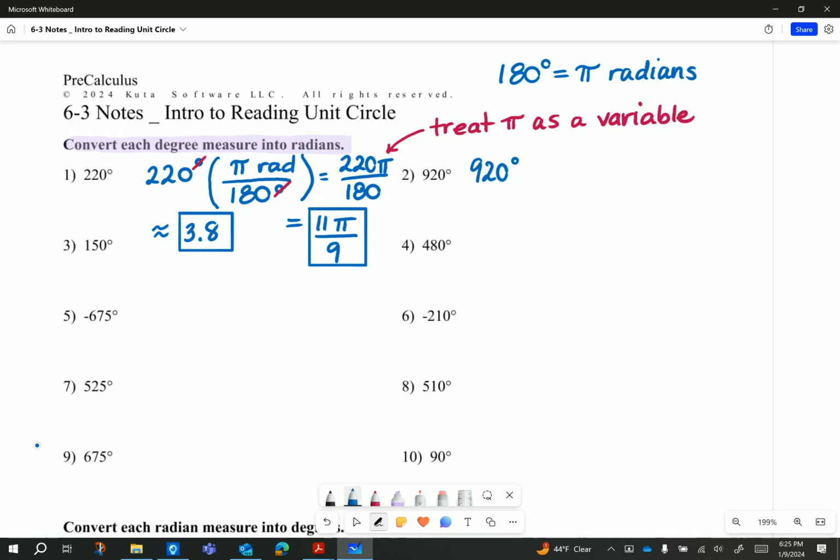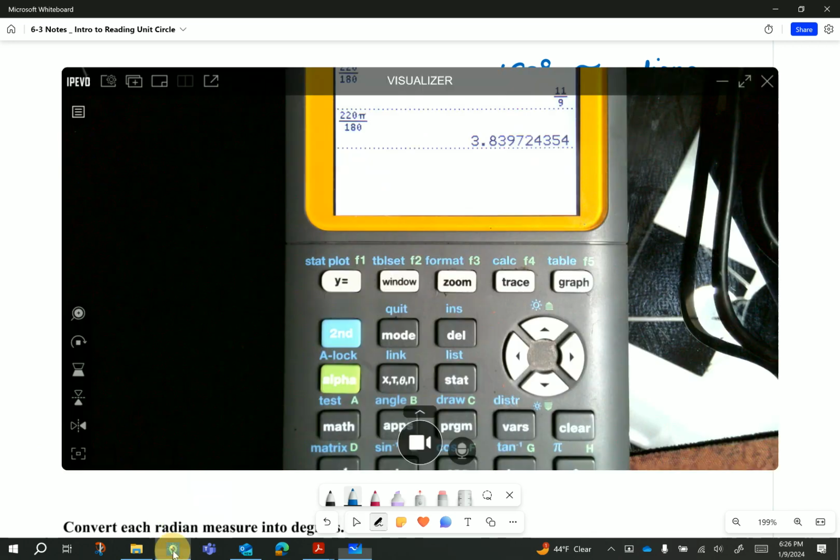920 degrees, multiply it by pi over 180, okay? So pi radians over 180. So notice I'm not going to write the word radians because it's understood. So that's just basically saying 920 pi over 180. So I'm going to reduce that fraction by typing 920 over 180.